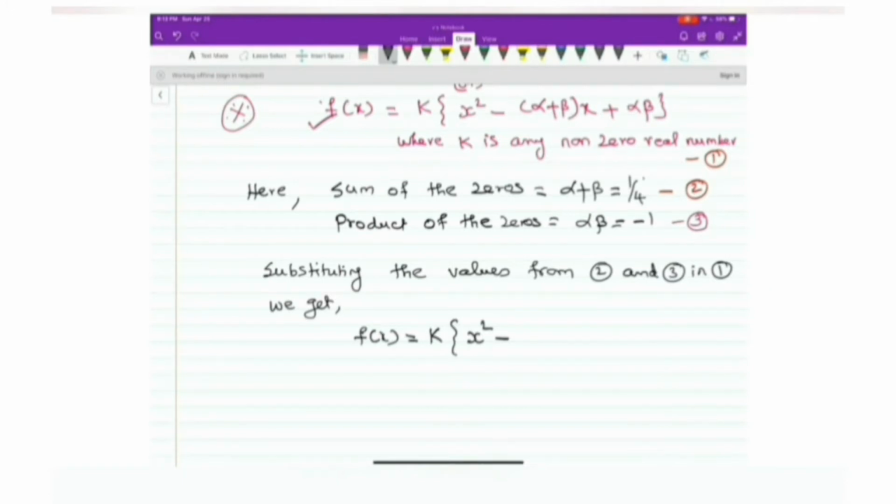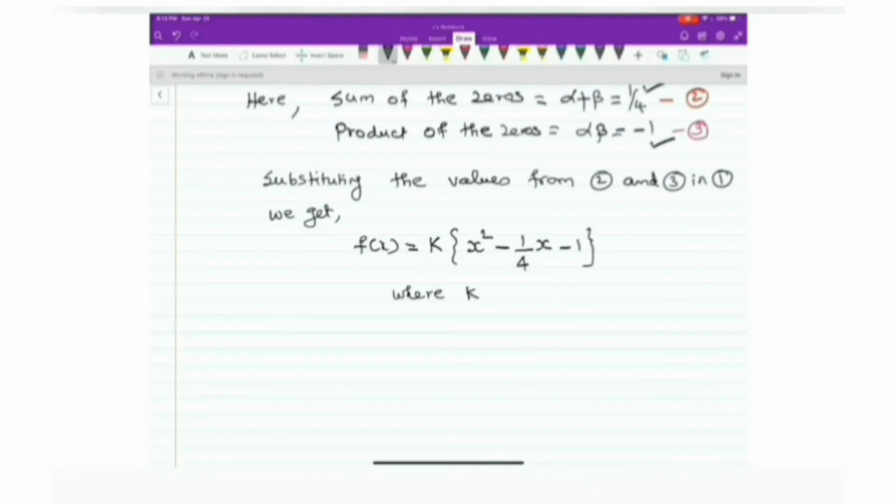It is 1 by 4. Alpha beta is minus 1. So let me substitute over there. I will be getting 1 by 4 into x minus 1, where k is any non-zero real number. Let me take LCM. I will be getting f of x is equal to k into 4x square minus x minus 4 by 4.